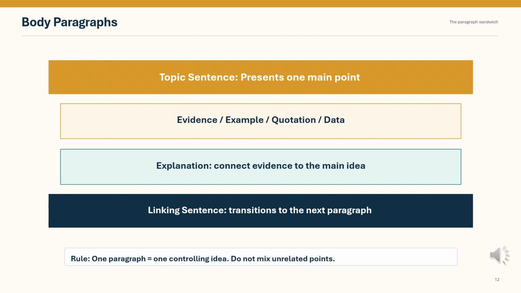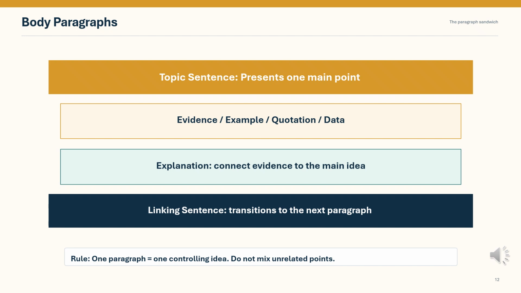And then come the supporting sentences, which may also be called the evidence. You might come up with an example to support your topic sentence, or maybe you mention a fact, or maybe you write a quotation related to the topic sentence, or maybe some data, statistics, or maybe you come up with some explanation. Okay, explanation is very important because you must show how your evidence supports your topic sentence.